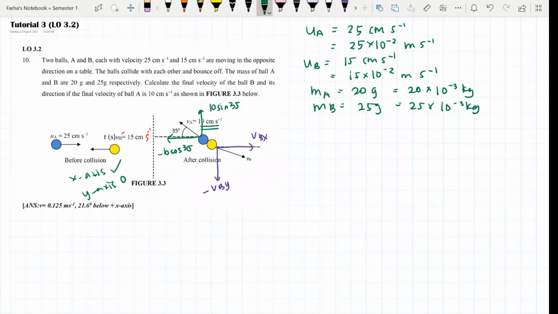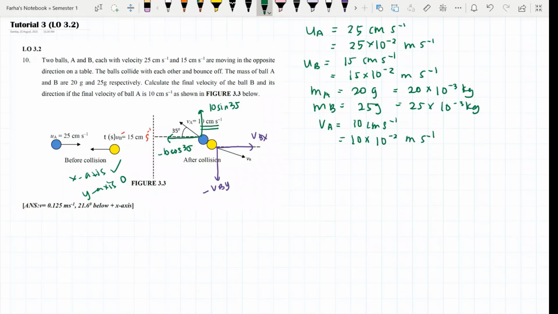Dan 10 cm per second ni remember dia belum dalam SI unit, so kita perlu calculate VA 10 cm per second. So kita akan dapat 10 power of negative 2 meter per second. Okay, so ini adalah the information given.